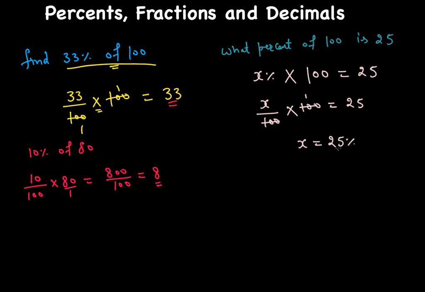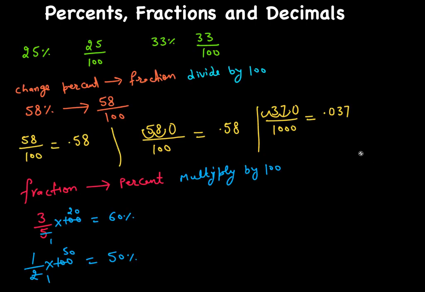That means 25% of 100 is 25. I think that makes sense, right? These kinds of problems you might see when you are taking a test or an exam. You should work on a couple more of these and you'll be good to go.